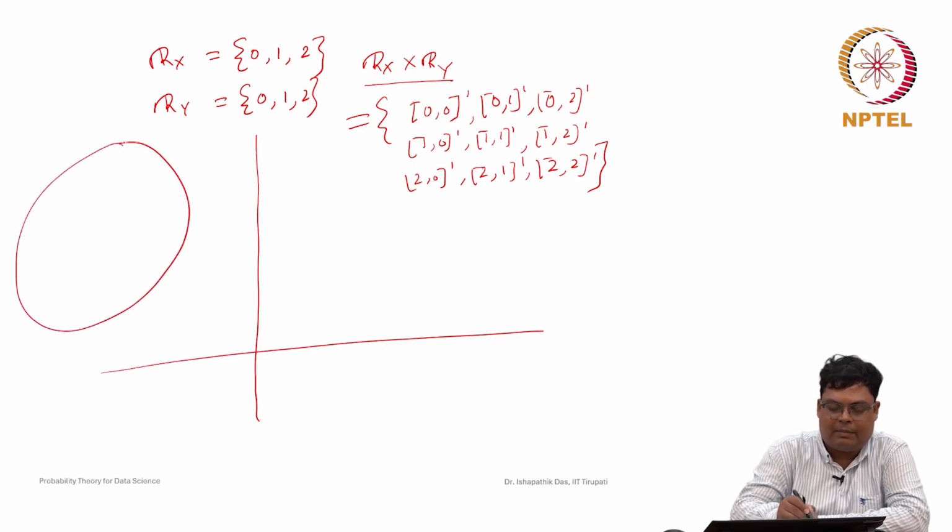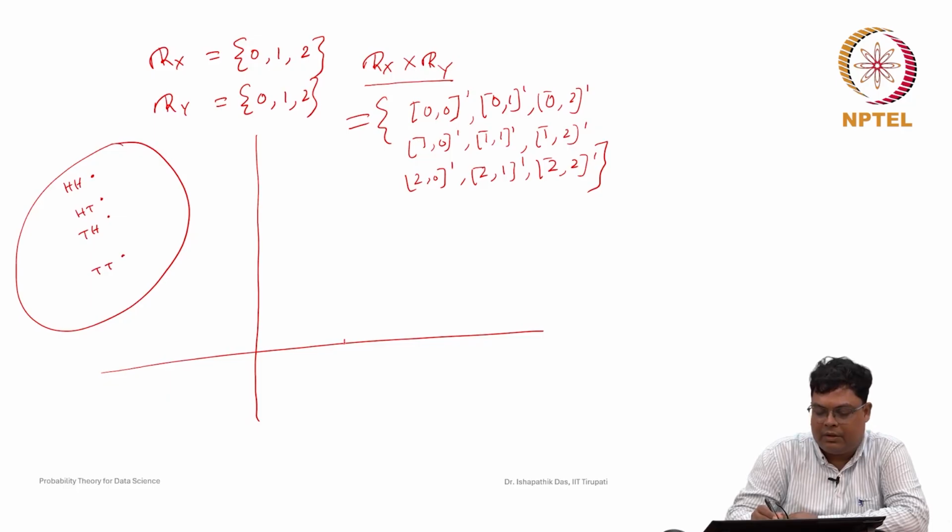Now, let us again find out what happens under this (X, Y). This is the sample space: head head, then tail head, head tail, and then tail tail.